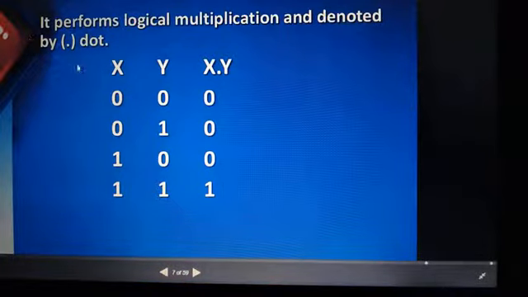Here you see two variables x and y, and a third variable x dot y. The AND operator is represented by this dot, which is why their product is shown as x dot y.